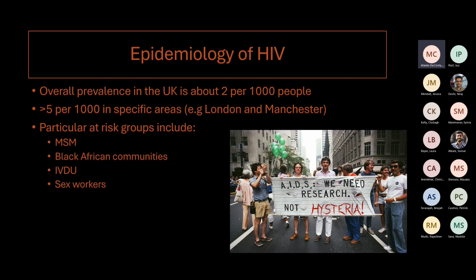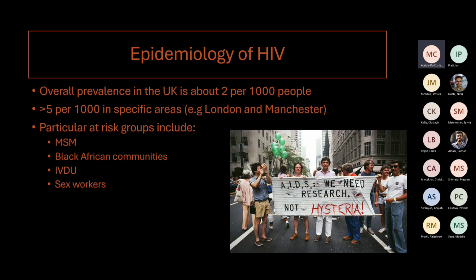Do you guys remember from my last teaching session which are the at-risk groups? Yeah, IVDU. People immigrating from endemic areas, MSM.